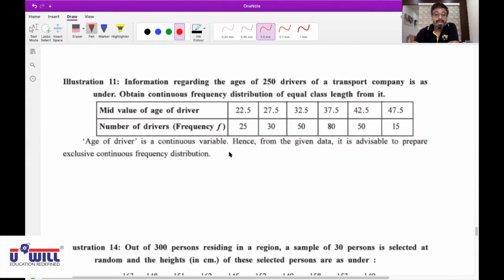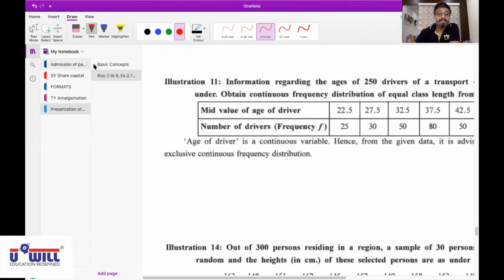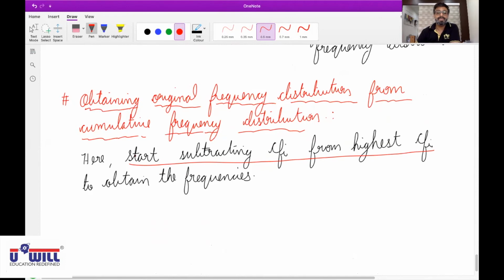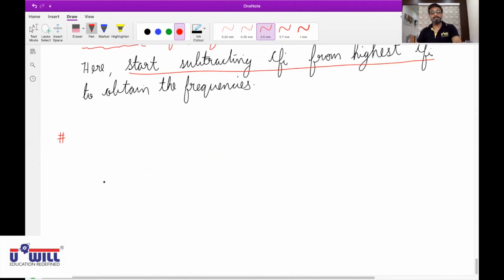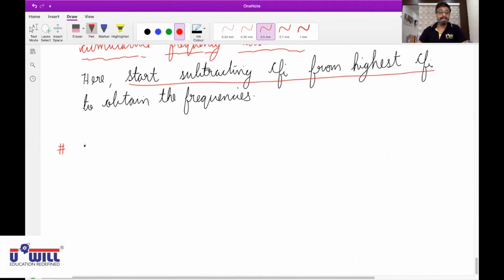Now, before we do illustration 11, one more concept we will write in the basic concepts. Write down. How will you find the boundary points from mid value? How will you find the classes from mid values?